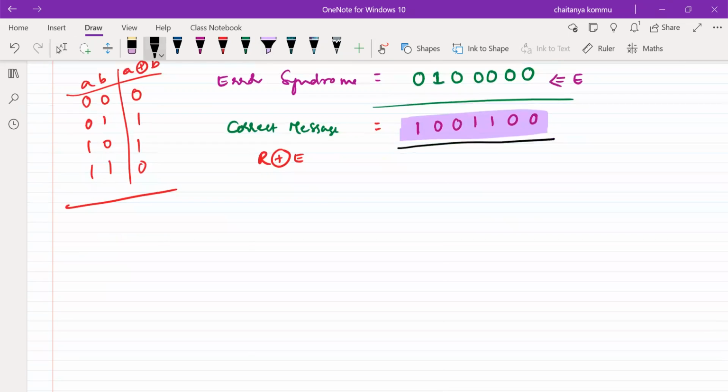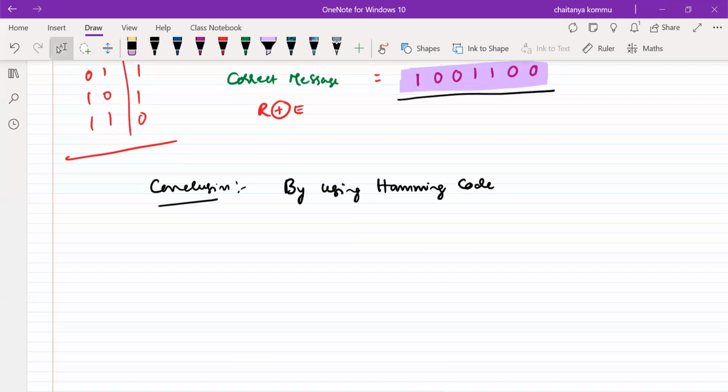Okay, so what is the conclusion now? The conclusion is that by using Hamming code, it is possible to do the following. Number one, a Hamming message can be generated.